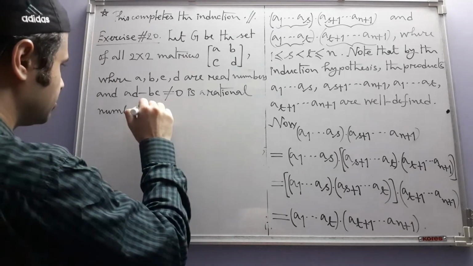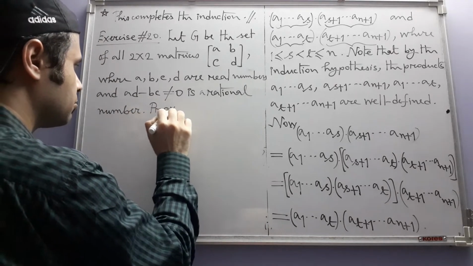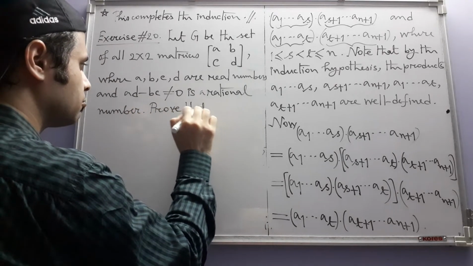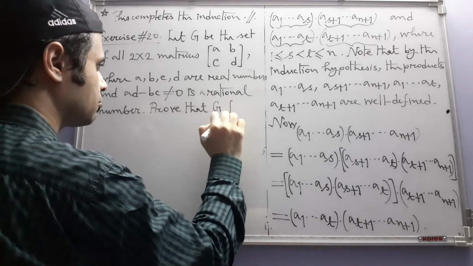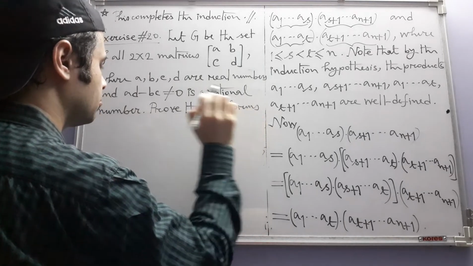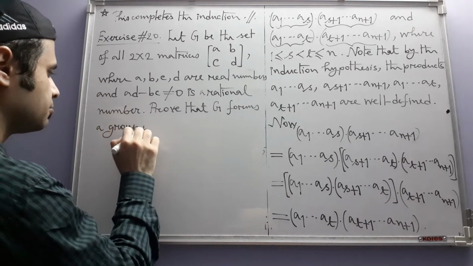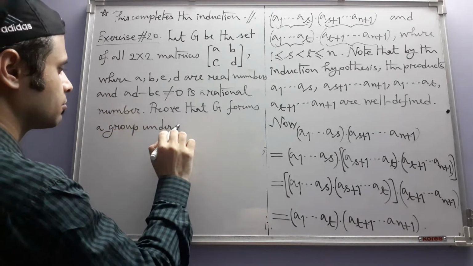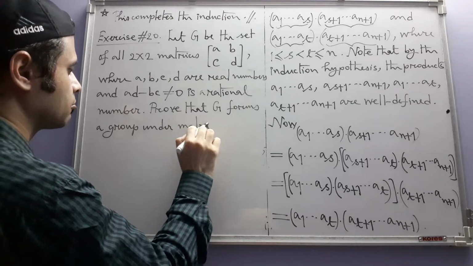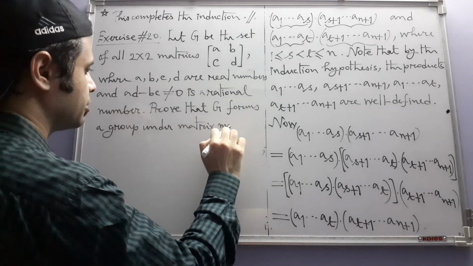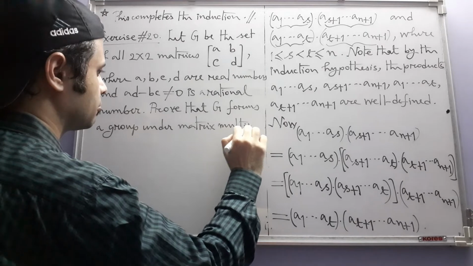Prove that G forms a group under matrix multiplication.